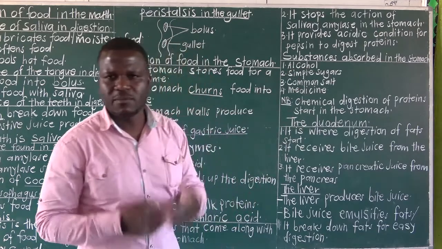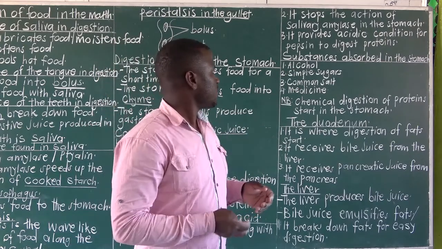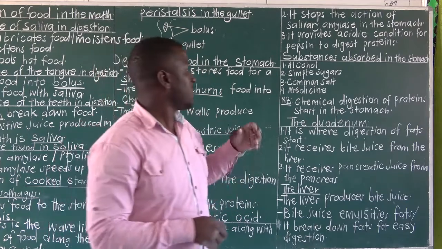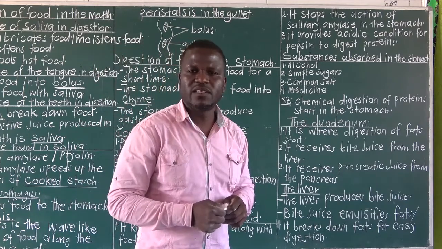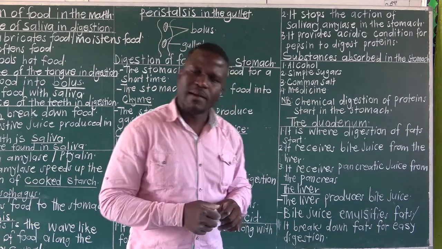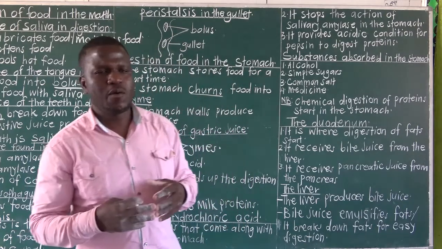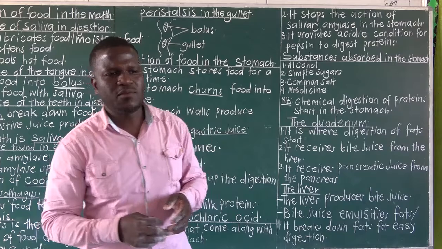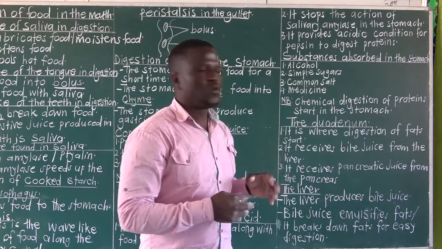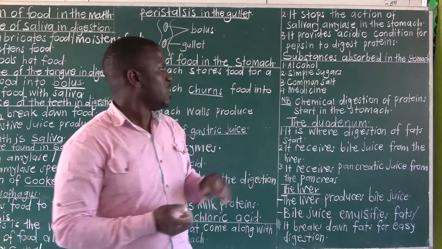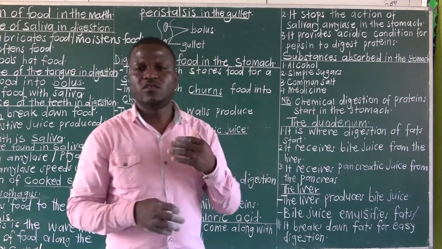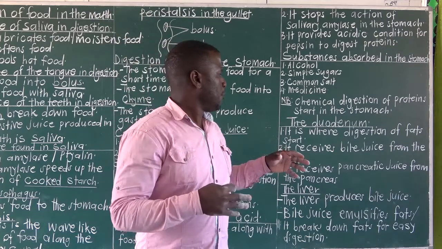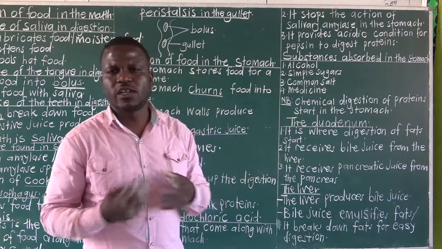When you hear that somebody has ulcers, it simply means that they have wounds in the stomach, and sometimes those wounds are caused by excessive drinking of alcohol. But that doesn't mean that people who have ulcers drink alcohol. Sometimes you may have ulcers not because you drink alcohol, but because, especially if you stay hungry for a long time, the stomach walls will produce hydrochloric acid.